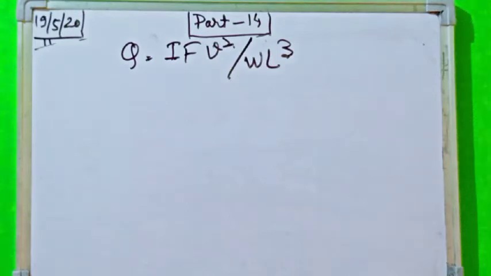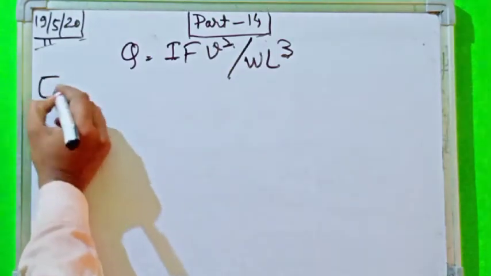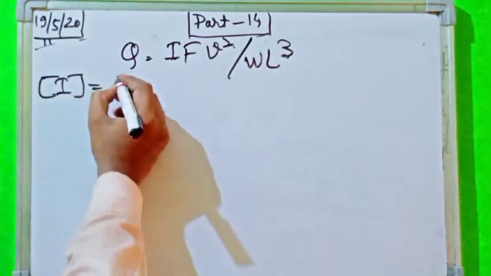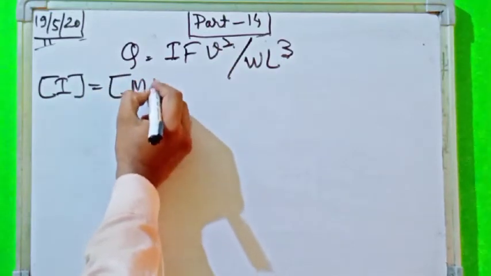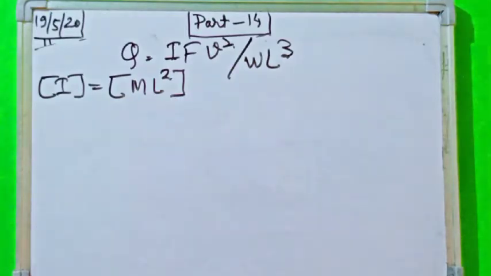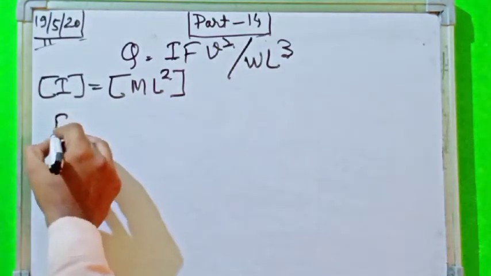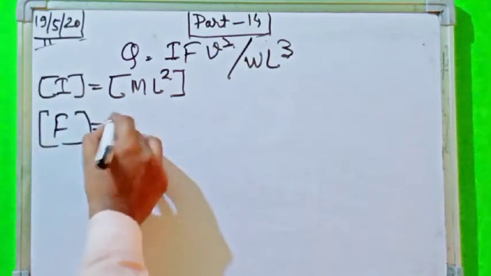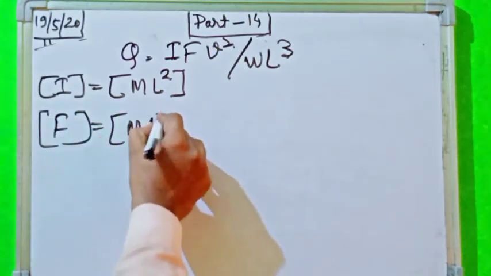Now look here. I is moment of inertia, and it is equal to M L square.